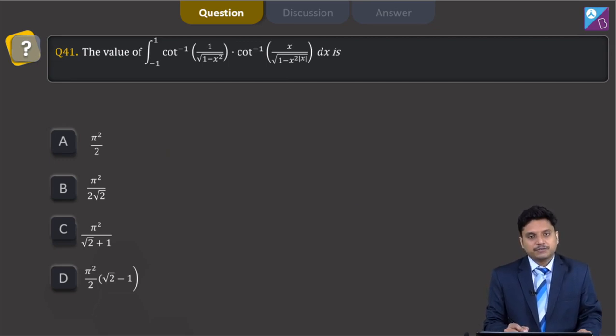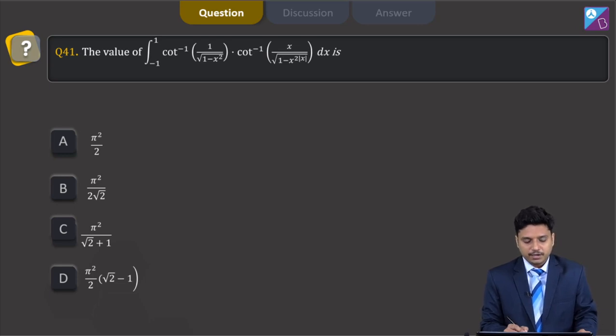Now the next question is from definite integrals, that is minus 1 to 1 cot inverse 1 upon under root 1 minus x square into cot inverse x upon under root 1 minus x raised to power 2 into mod x dx. In this case, what you can observe is the limits, because it is minus 1 to 1.